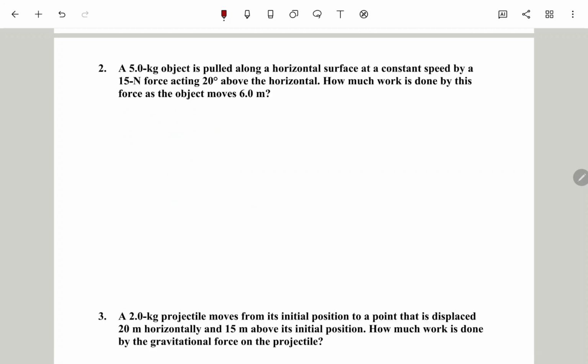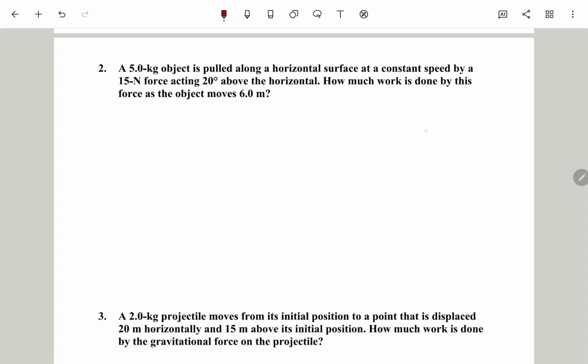A 5 kilogram object is pulled along a horizontal surface at a constant speed by a 15 newton force acting 20 degrees above the horizontal. How much work is done by this force as the object moves 6 meters?